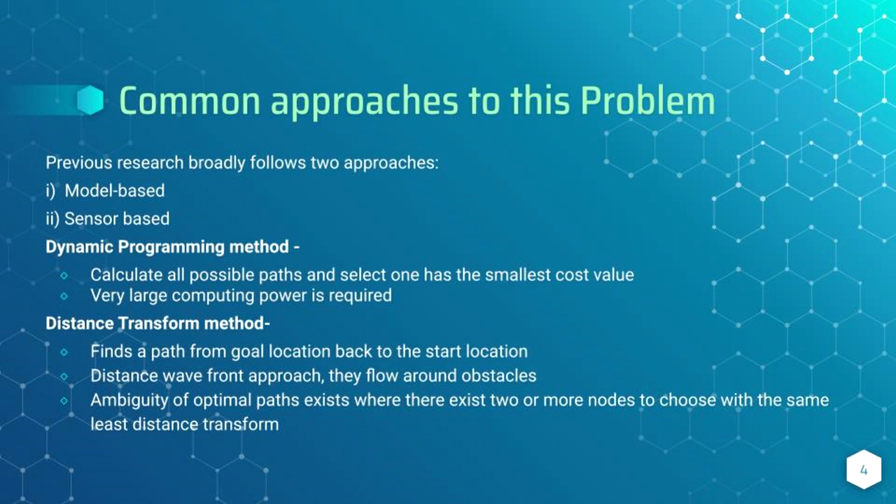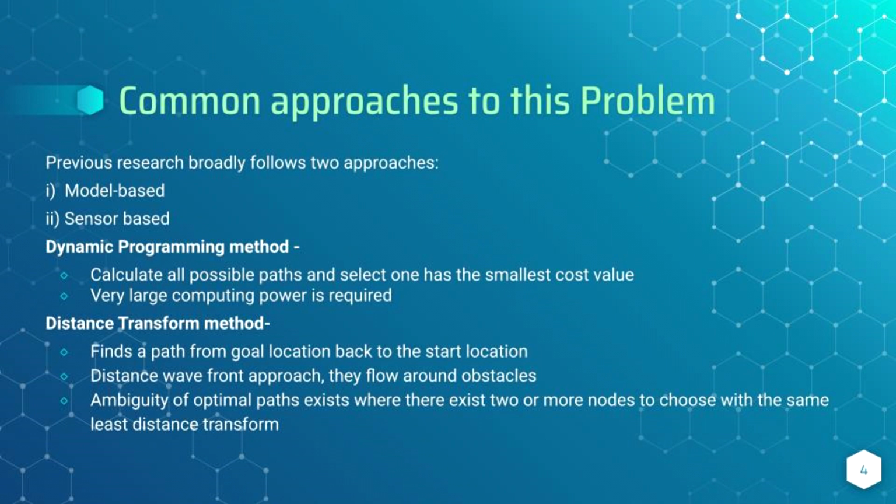Dynamic programming methods work like this: let's say the start point is PS, the goal point is PG and the sub goal point is PI. The path generation method is how to determine a sequence of sub goals, picking out the sub goals from their set. We must calculate all possible paths, and select the one that has the smallest cost value.